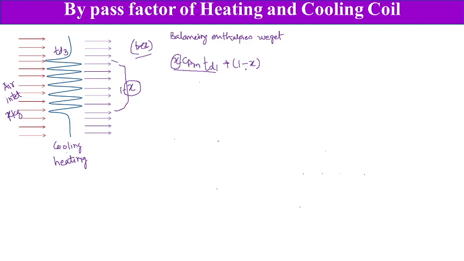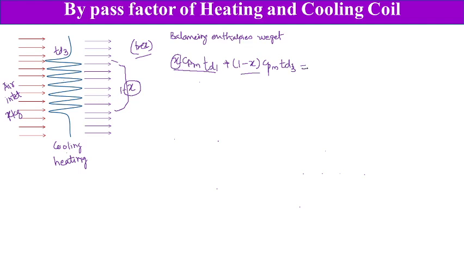So therefore 1 minus x cpm into TD3 is the amount of air which is coming in contact with the coil, and x kg is not coming in contact with the coil, that is bypass is x.